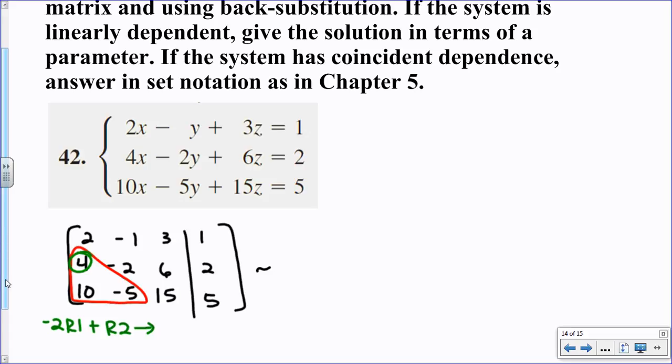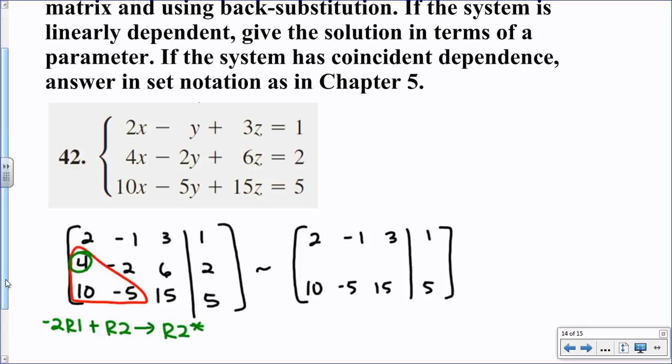What row am I changing now? Row 2. So I'm not changing row 1 or 3, so I'm going to copy those down. So -2 times row 1, so that's -4, 2, -6, and -2.